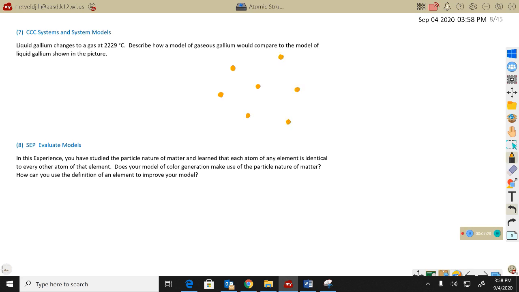And maybe you tried to show in some way that the particles have more energy, that they have more movement, and so maybe you do some little arrows where the particles can bounce all over the place, and they don't have to take a particular shape or form. They can bounce wherever they want to. They can fill the entire container, whatever that container might be.